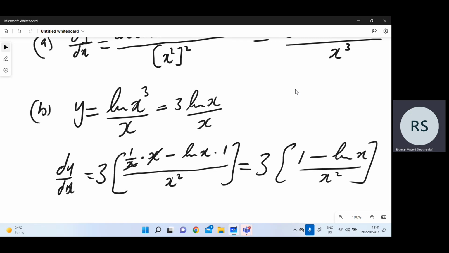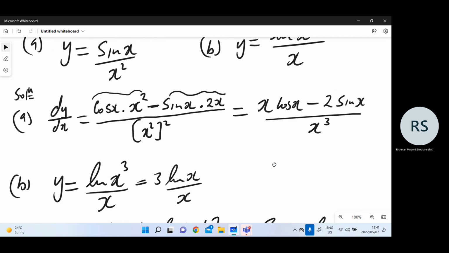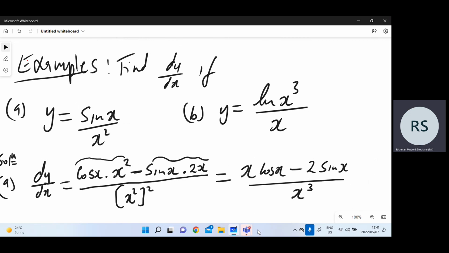Let's go back to these two examples here. Let me give you a tip, okay? I didn't want to tell you earlier because I wanted you to know the quotient rule. Sometimes you may need the quotient rule, okay? But I always try to avoid the quotient rule by converting everything to the product rule.